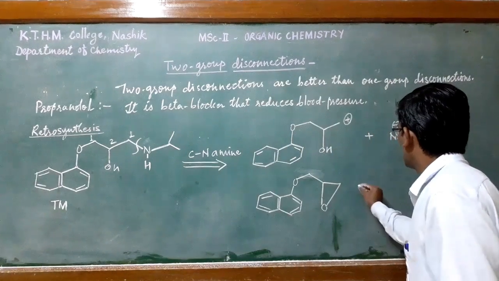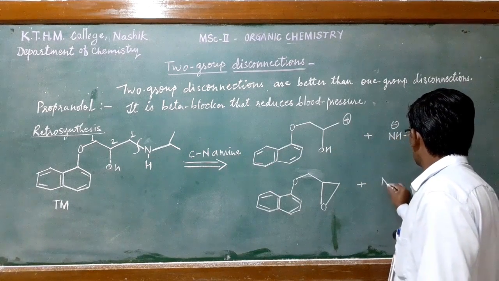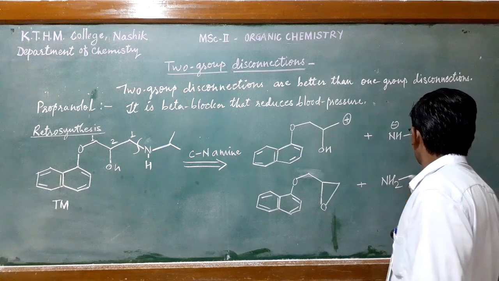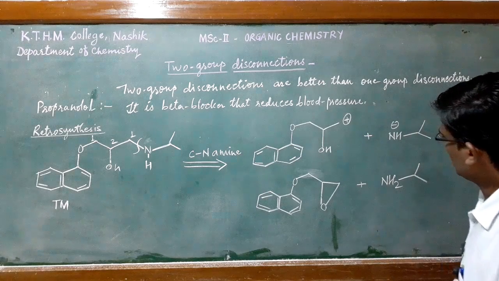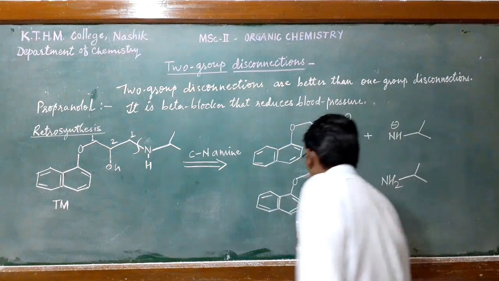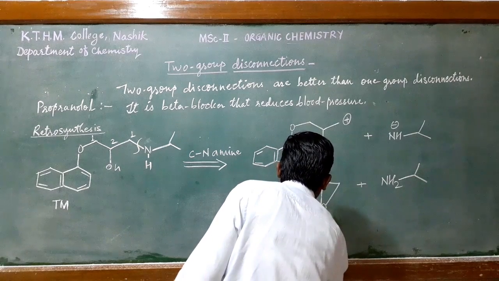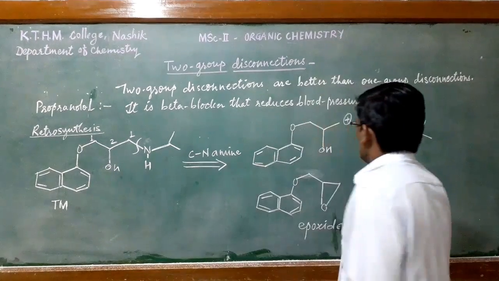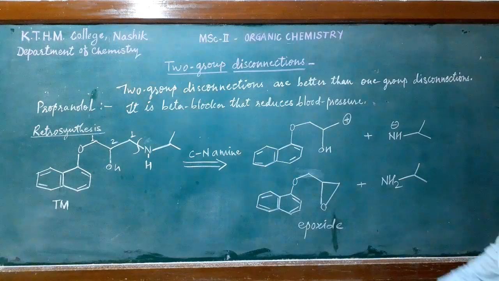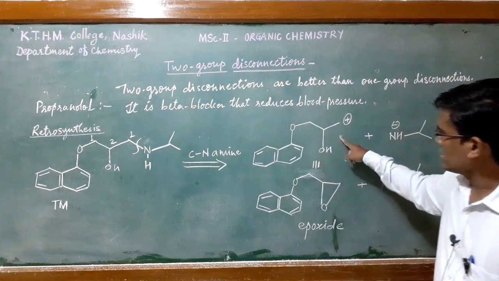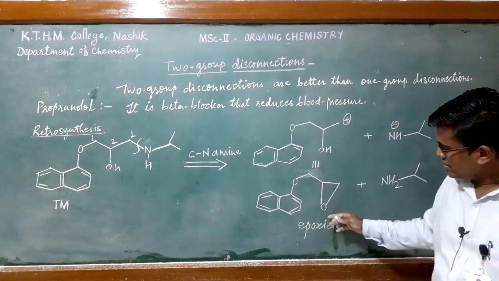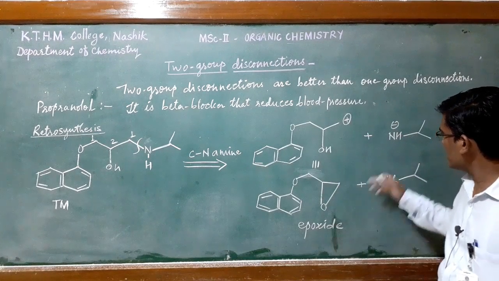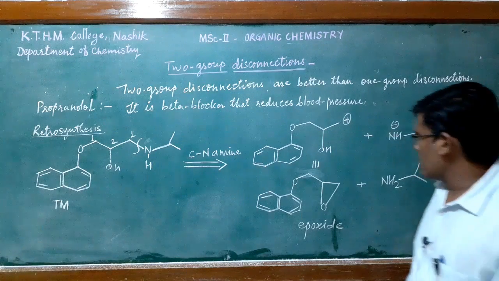Okay. And this is isopropylamine and this is the epoxide. This synthon can be transformed into its epoxide and this isopropylamine.